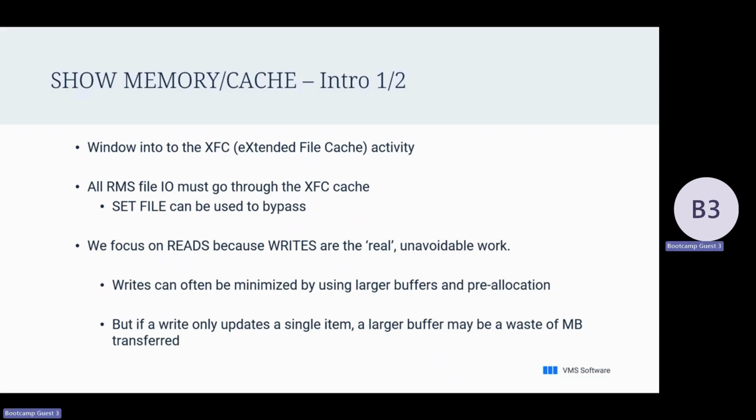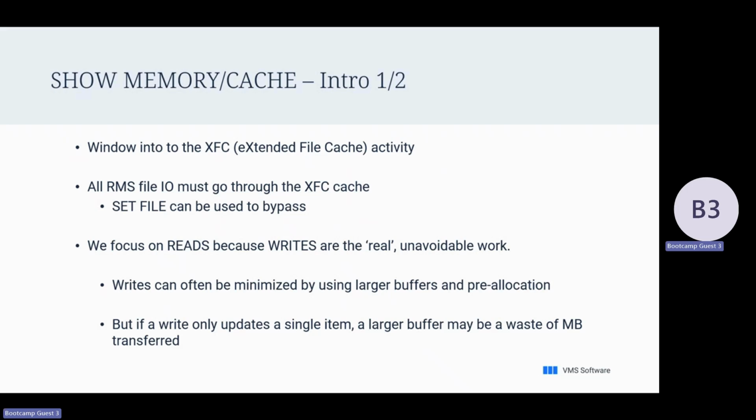I focus on the reads and not the writes, because the writes are typically real work. If you store a record, it has to be stored. There has to be a write happening, right? But if I'm doing too many reads to be ready for that write, I can tune it, hopefully. You can still try to get the writes lower, for example by using large buffers.